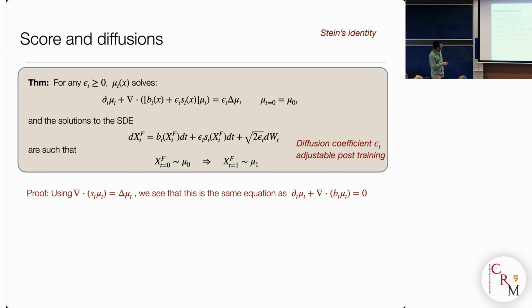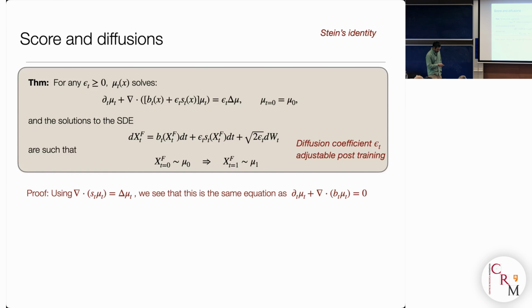Okay? And this is exactly the same equation as the one that I wrote before, because there is this little identity that says that if s_t is the gradient of the log of the distribution, then the gradient of the log is the gradient divided by the distribution, times the distribution that gives you the gradient, and the divergence of the gradient is the Laplacian. And so that means that, in fact, this term here cancels exactly this one, if you have exact estimation.